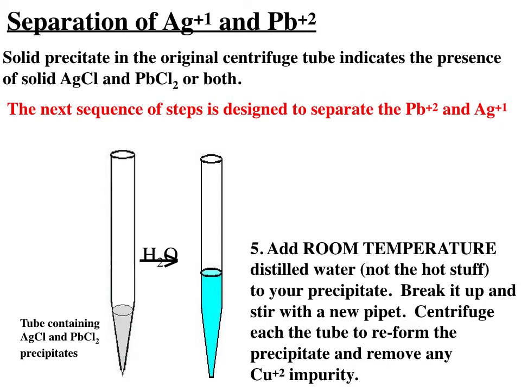So the first thing we're going to do is add some water to it and then break up the precipitate, stir it up, and then recentrifuge it again so that we're washing the precipitate and hopefully getting most of the copper that was residual on that precipitate up into the solution because of its soluble nature with chloride present.